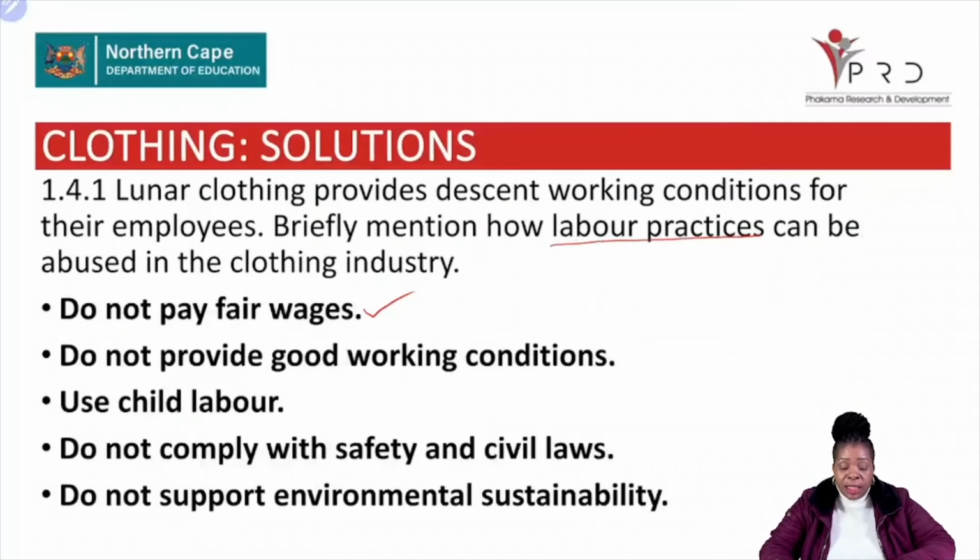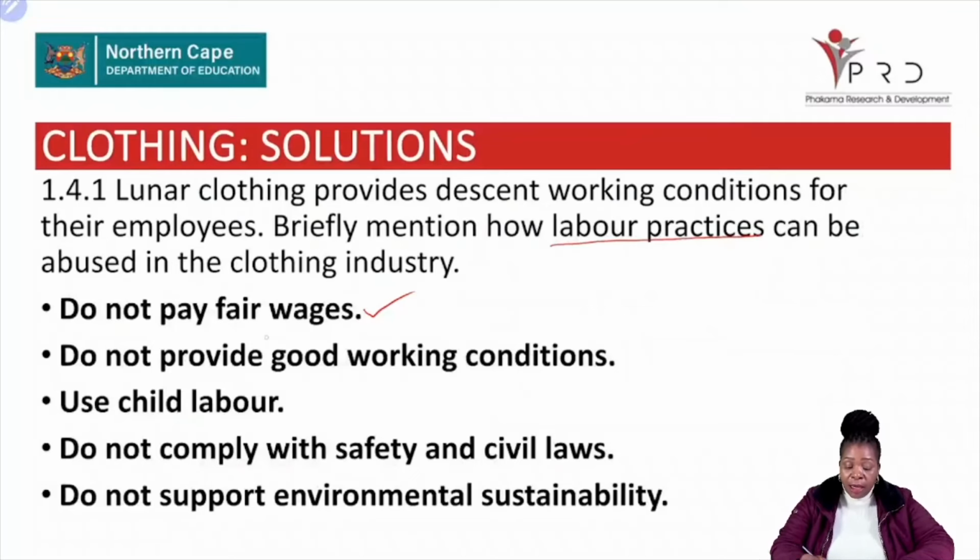Workers who work in the clothing industry have a stipulated amount that they are supposed to be paid. But once they pay them less than what they are supposed to, it means they are abusing the labor practices.